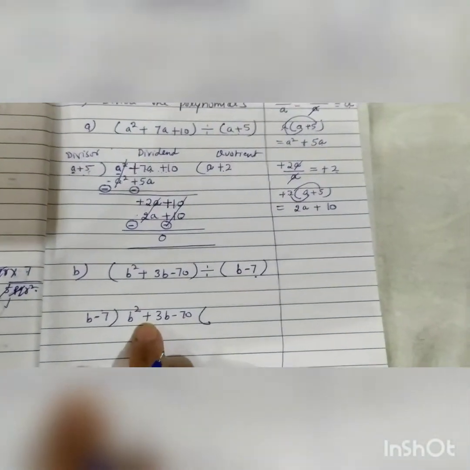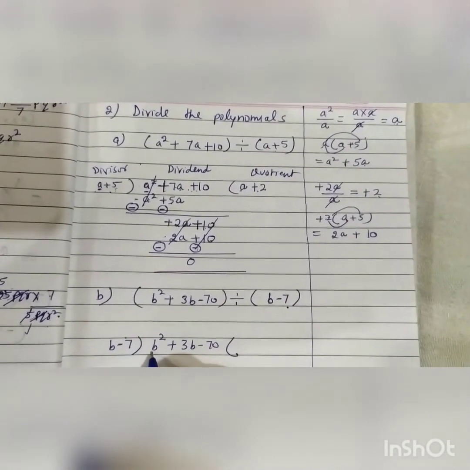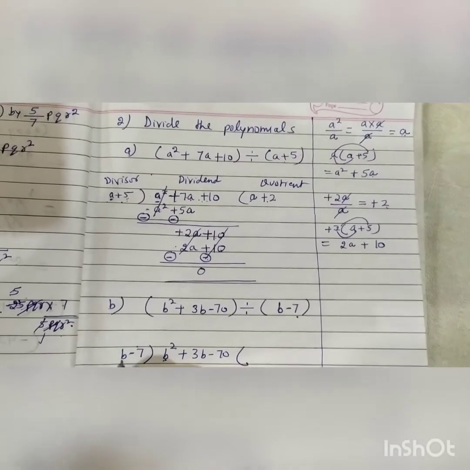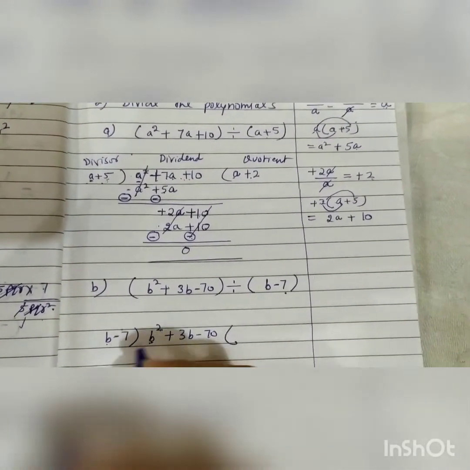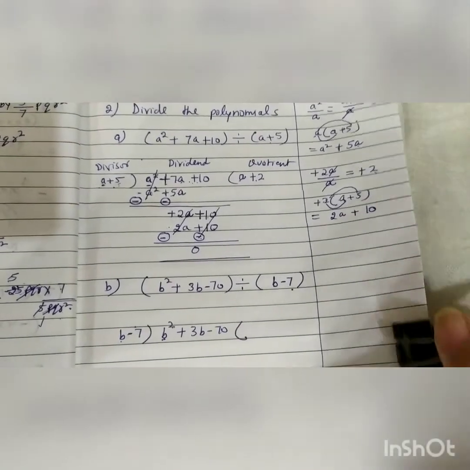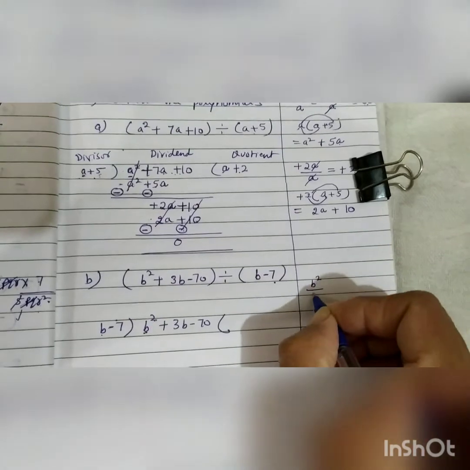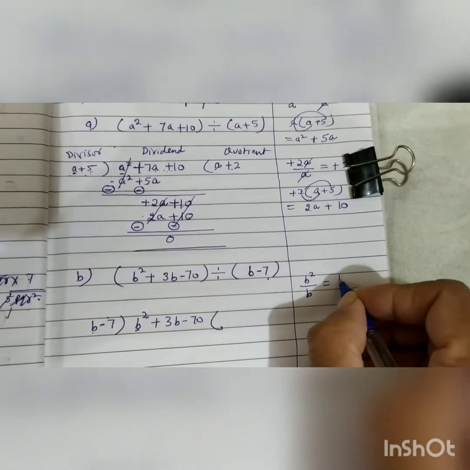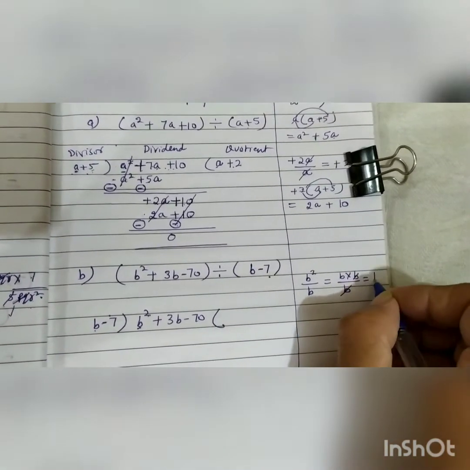In this question again we will follow the same steps. What will we do first? We will divide the first term of this dividend by the first term of the divisor. So it is b square upon b. Again b square means b into b upon b. b cancels b.